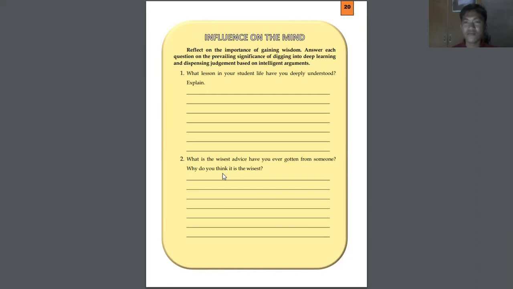And it is very important that values are really integrated in the learning material, or even in the teacher's discussion per day.